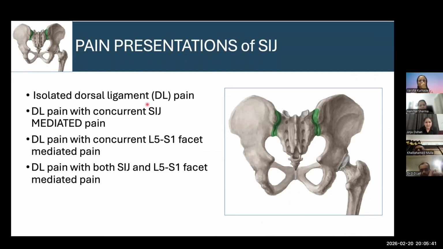Given the shared innervation of the dorsal ligament and SIJ complex, the pain presentations of SIJ can vary from isolated dorsal ligament pain, dorsal ligament pain with concurrent SIJ mediated pain, dorsal ligament pain with concurrent L5-S1 facet joint mediated pain, or a combination of all of these.